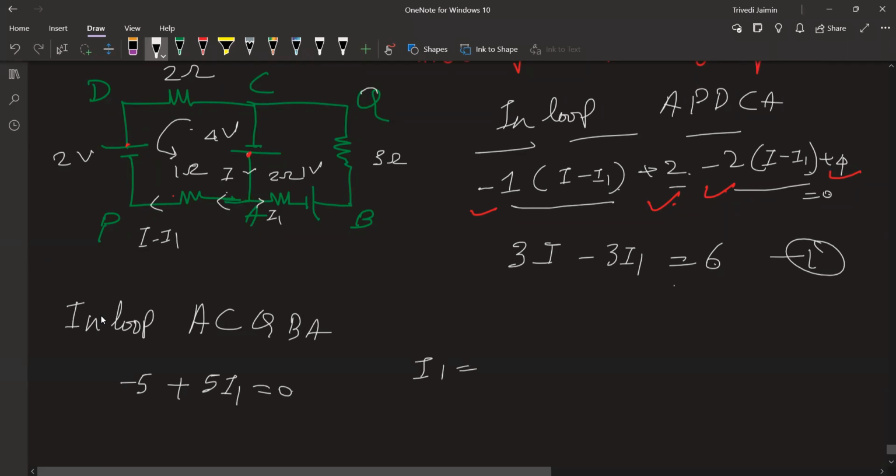So I1 equals to 1 ampere. So if you substitute this value here, 3i equals to 9, I equals to 3 ampere.